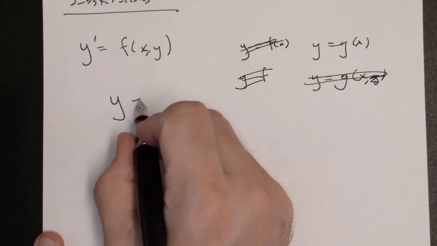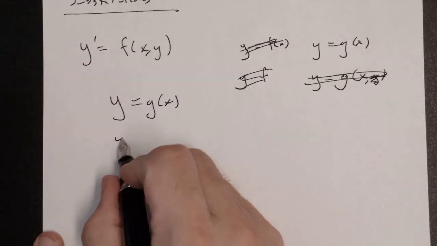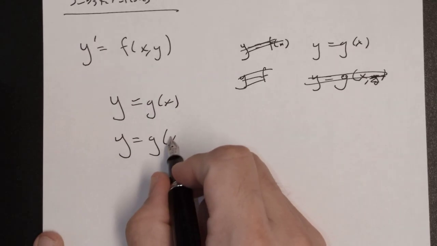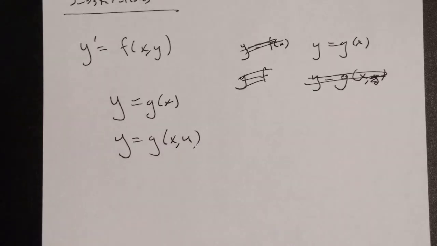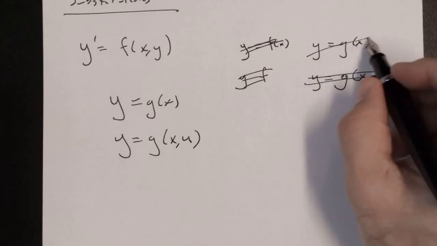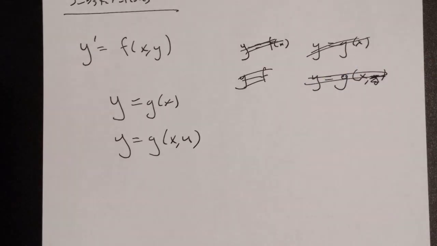Every time I start to write the y and the u in the same equation, I want to make them both y's. I apologize. But I'm just going to use this u as a placeholder for some other function of x.